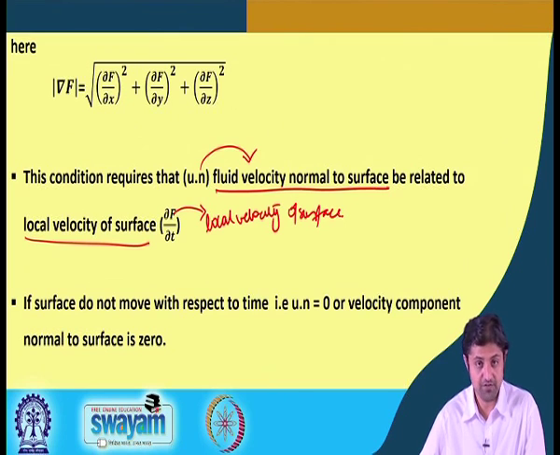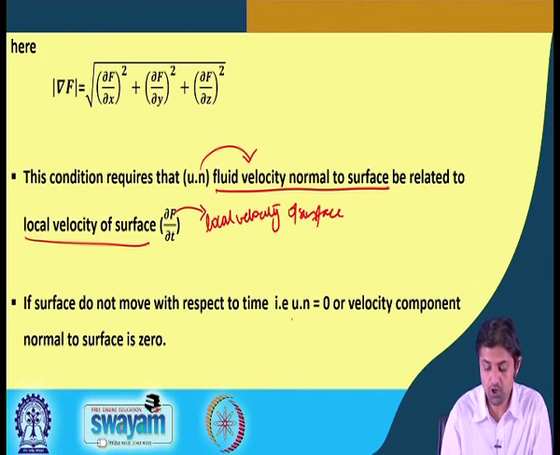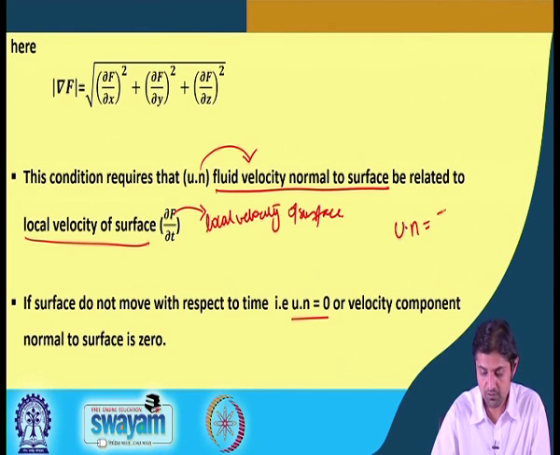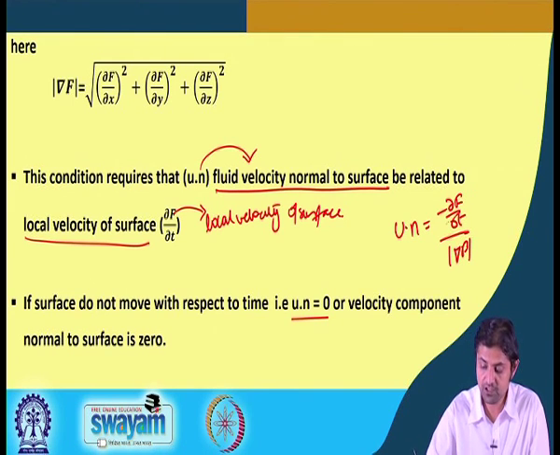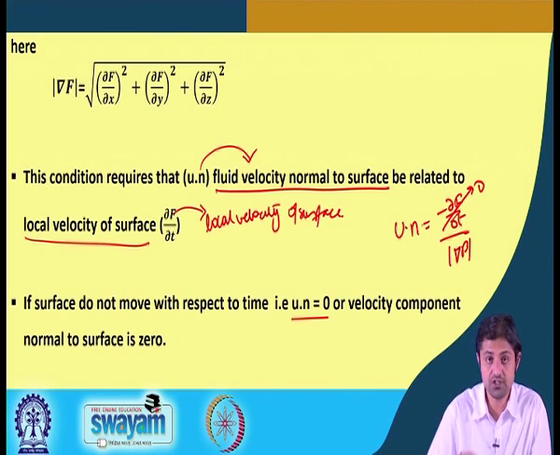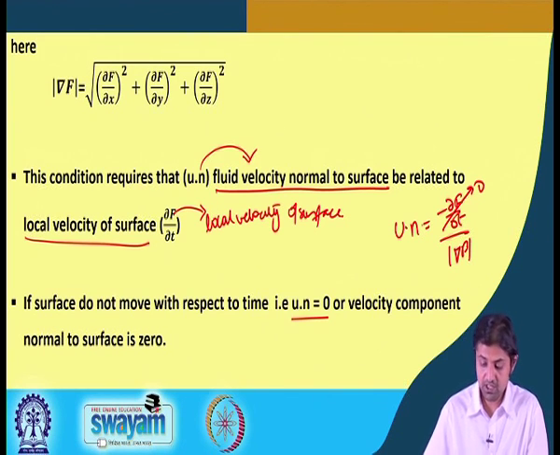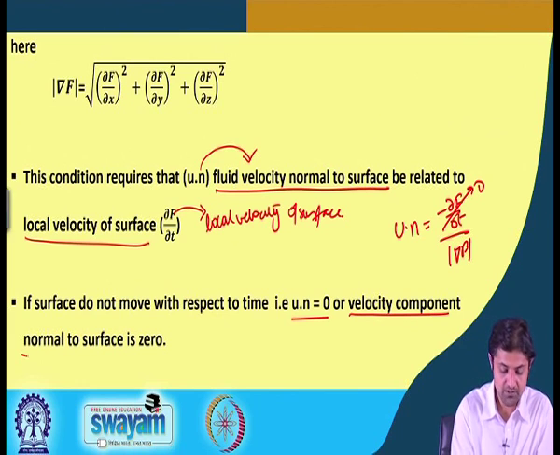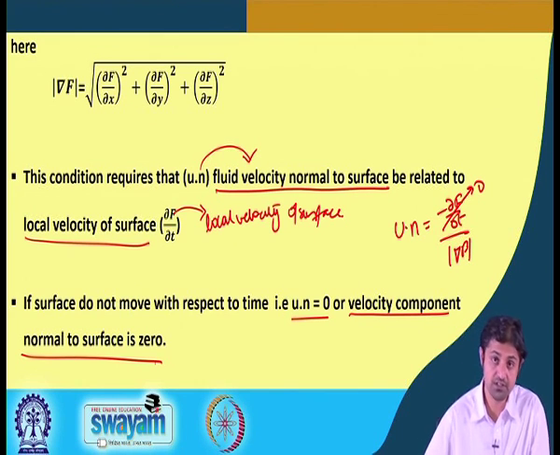Let us say the surface does not move, that means it is fixed with respect to time, that is, the local velocity of the surface is 0. Then u·n = −(∂f/∂t)/|∇f| is 0, which means u·n = 0, or in other words the velocity component normal to the surface is 0.